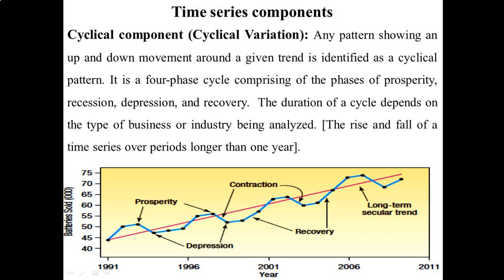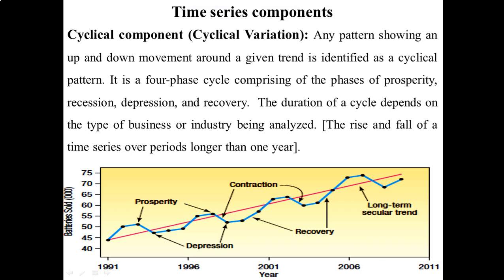The third component is the cyclical component. The cyclical component shows any pattern with an up and down movement around a given trend. Up, which is prosperity, down, which is depression.